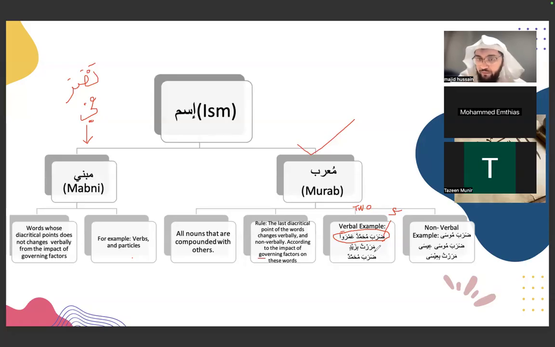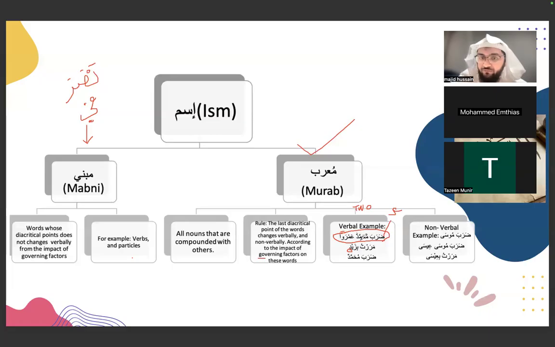Similarly, if I move to another one, Marartu bi Zaydin, I passed by Zayd. The two kasra below the dal help me identify the state of Zayd, and then only I can translate it. If I cannot understand the two fatha, dhamma, and kasra and the reason for their change within the sentences, I will not be in a position to translate it.